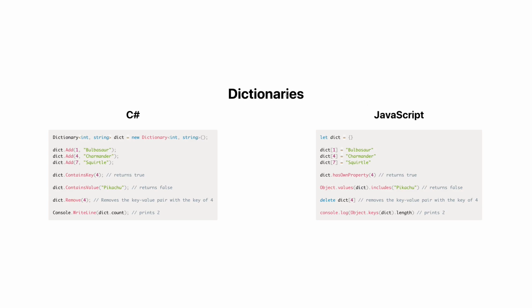Part of the reason I'm adding JavaScript in is that if you're going to do web development, maybe you'll use C#, Python, whatever you want, but you'll always need to use JavaScript if you're doing web stuff. So that's where I also have that as an example. With dictionaries, you can check if the dictionary contains a particular key or a particular value. You can remove based on the key. I think you guys have been seeing this already.